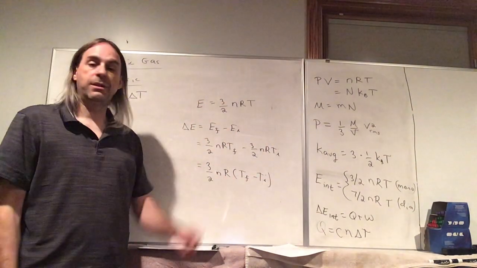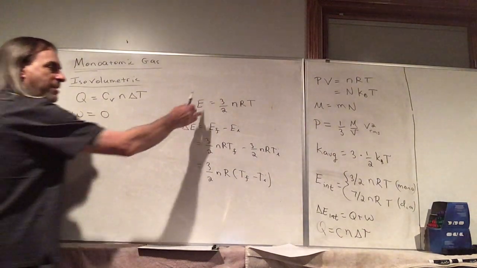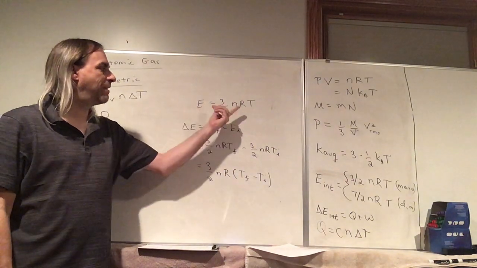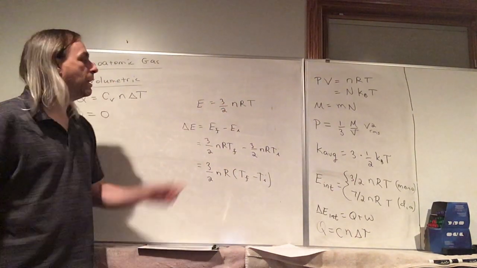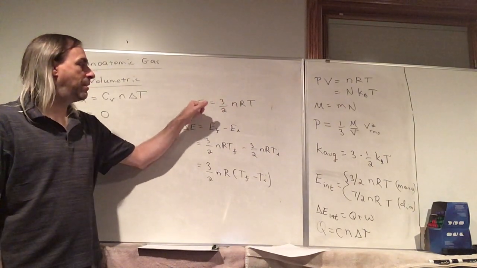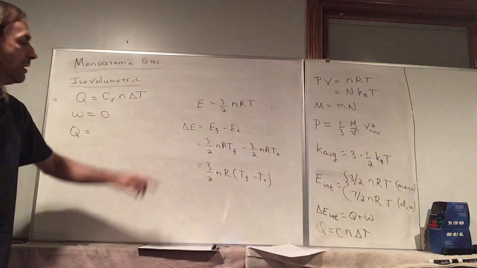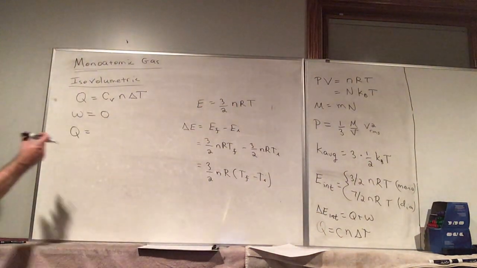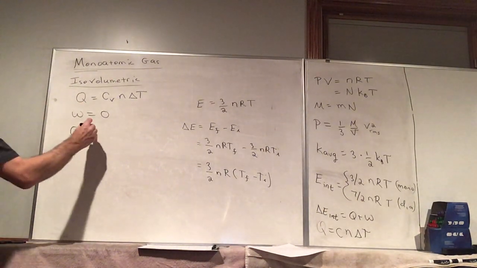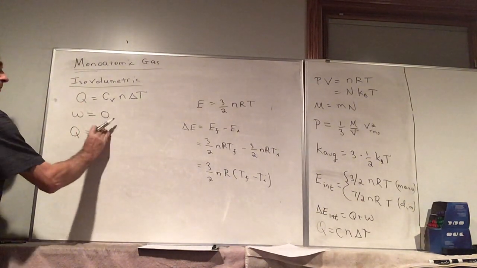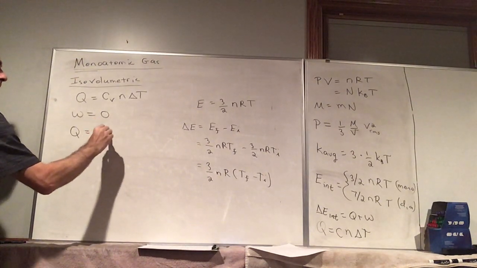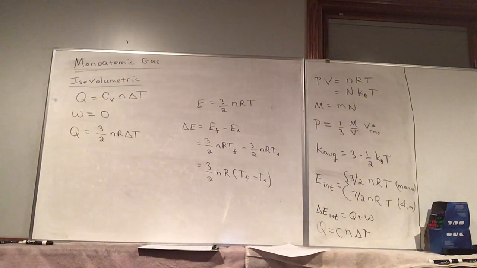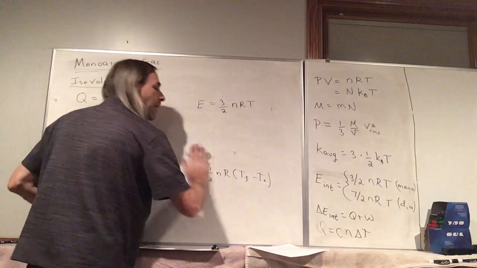And this T final minus T initial is delta T. So basically, from now on, when we have two variables, and one is just a constant times the other, like this 3/2 nR is a constant, we can say delta E is 3/2 nR delta T. So Q is delta E. This would be 3/2 nR delta T. So that's what we have there.